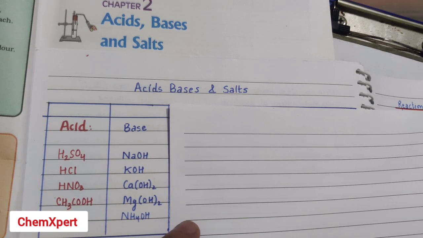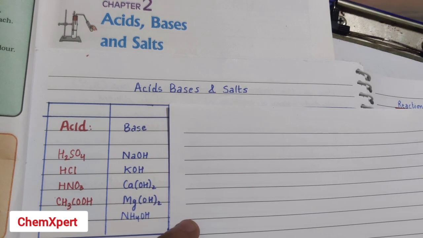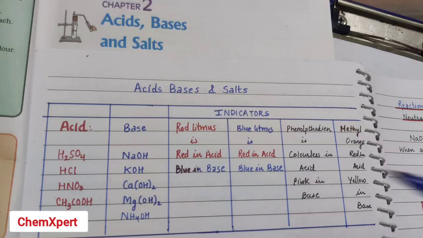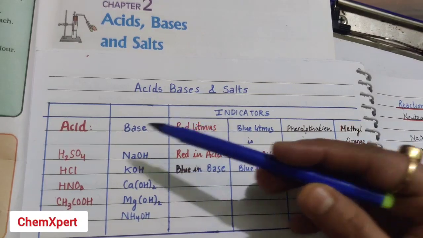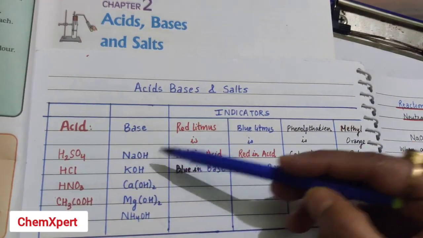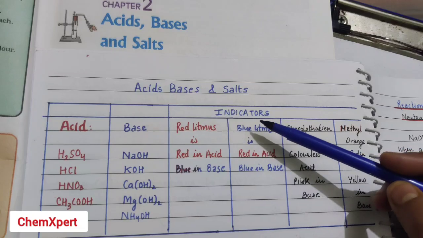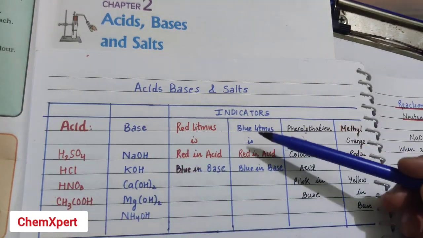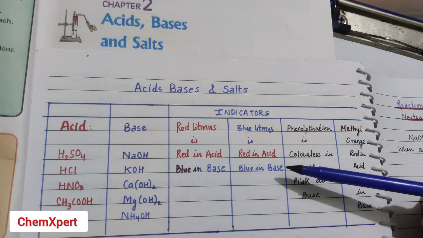Now the next point is to learn the types of indicators related to acids and bases. These are the red litmus, which remains red in acid but turns blue in base. Similarly, blue litmus, when added into an acid, turns red in color but remains blue in base.